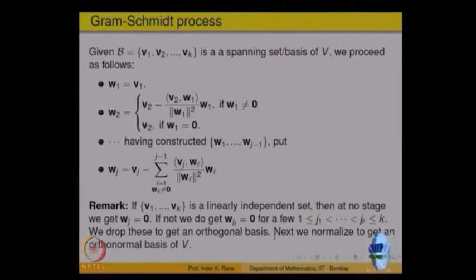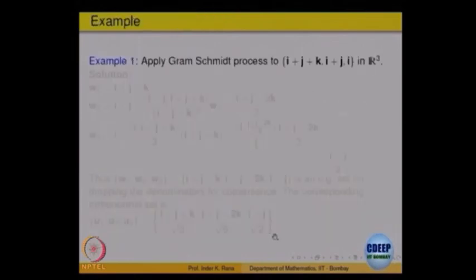So, let us do one example for this. Let us take these 3 vectors. What are i, j and k? They are the standard vectors in R3, right. i is 1 0 0, j is 0 1 0 and k is 0 0 1. I have taken V1. What is V1? i plus j plus k.